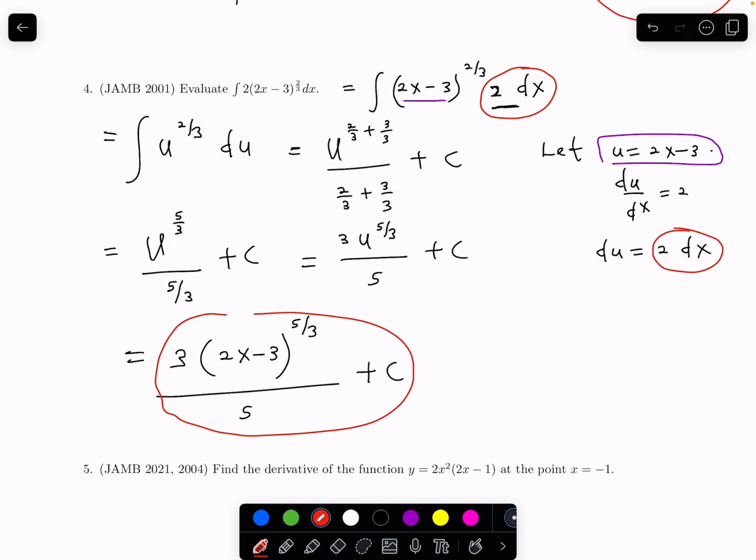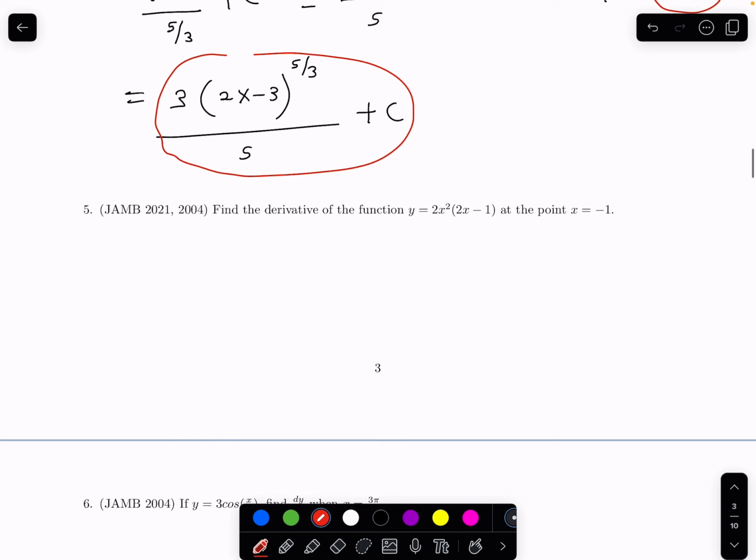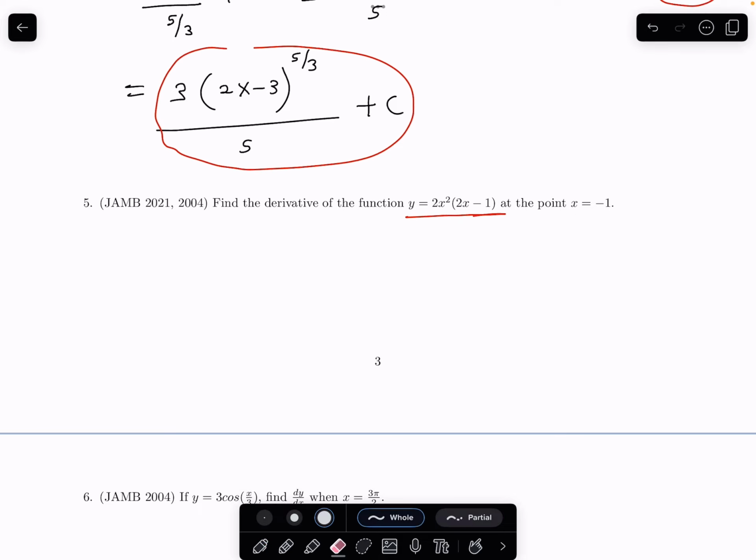Okay, so now let's go to the next problem, which is we want to find the derivative of this function, this equation here, at x is equal to -1. So if you see a problem like this, one thing that comes to mind, just like I said in the previous problem, is the product rule.